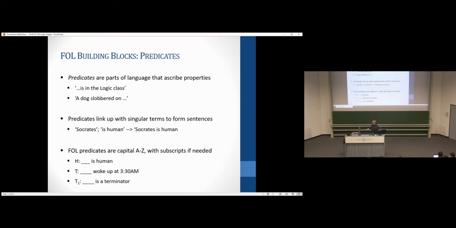T is a way to say "woke up at 3:30 a.m." And T subscript 1 is "is the Terminator." And let's have S for "a dog slobbered on." Now again, note, what we want to do when we write our predicates is indicate where the gaps are, because that's telling us where the object's going to be plugged in.